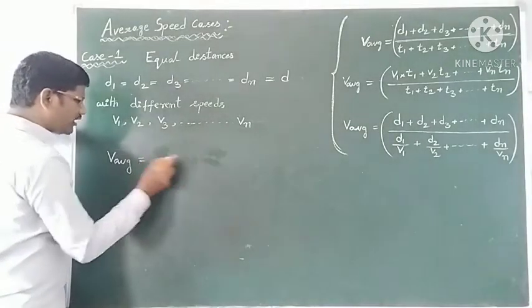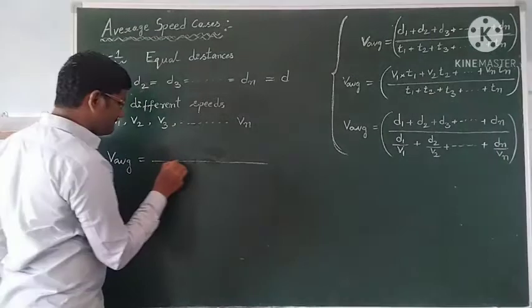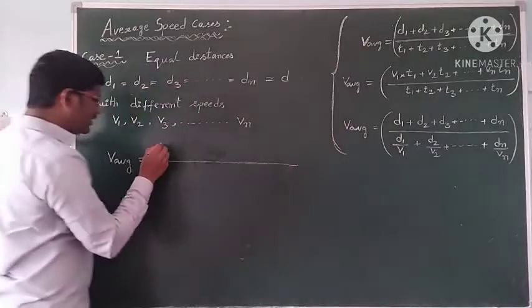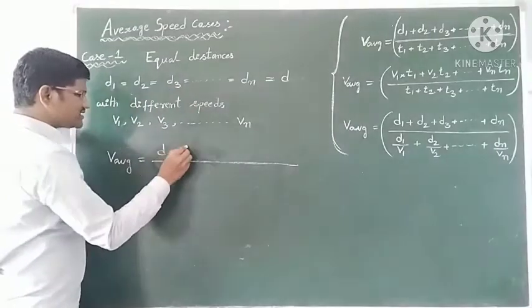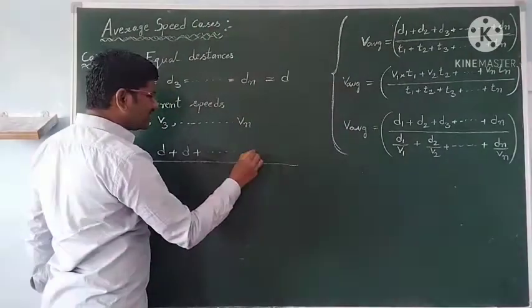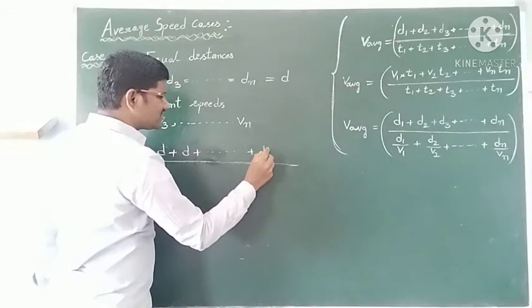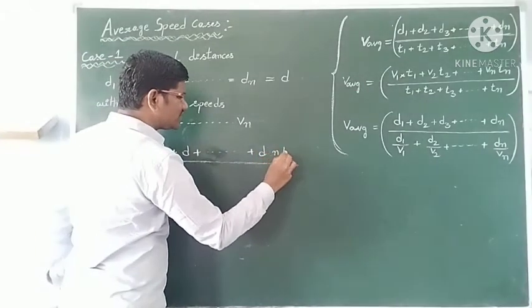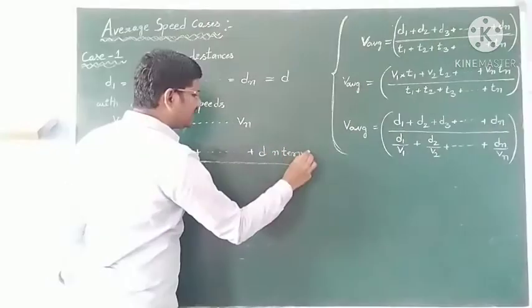So n into d by, see students, what I am writing here: D1 is d, plus D2 also d, plus D3 also d, like Dn is d. We have n terms.